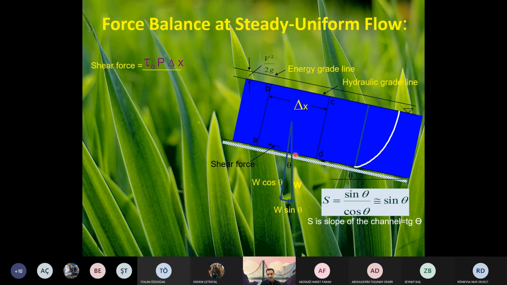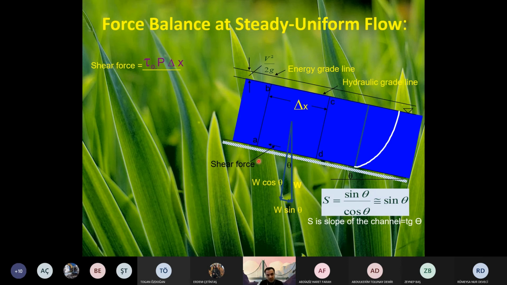Therefore, the wetted perimeter is the place that shear stress acts on water, okay? So from the definition of force, we know that stress should be multiplied by area. Force equals stress times area. Wetted perimeter, as the name says, is a perimeter.